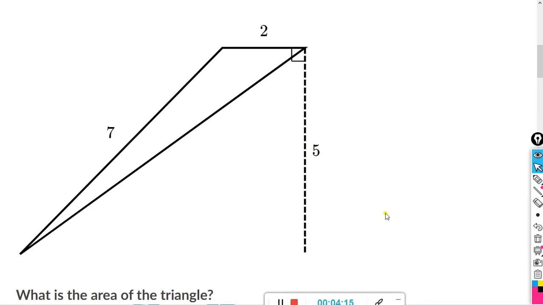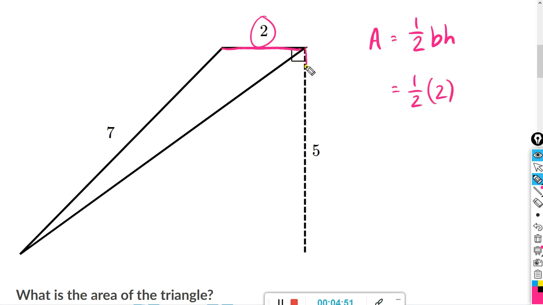So here's one that might be a little bit awkward for some people. So same formula. Remember that the base, we'll start with the 1/2. Remember that the base and the height have to make a right angle to each other. All right, so this one right here is going to be the base. So in place of b, I write 2. And here's the right angle.